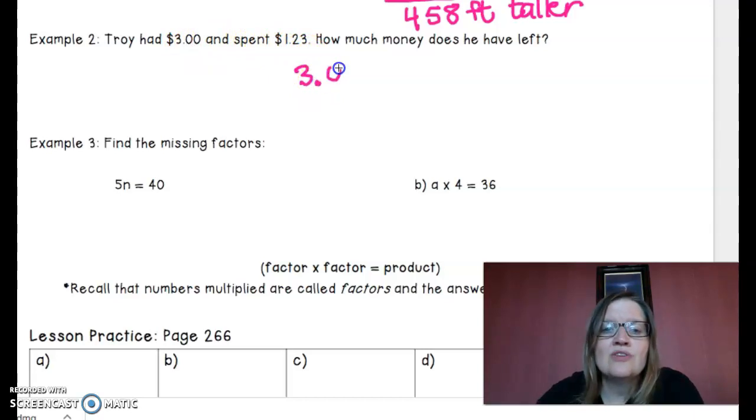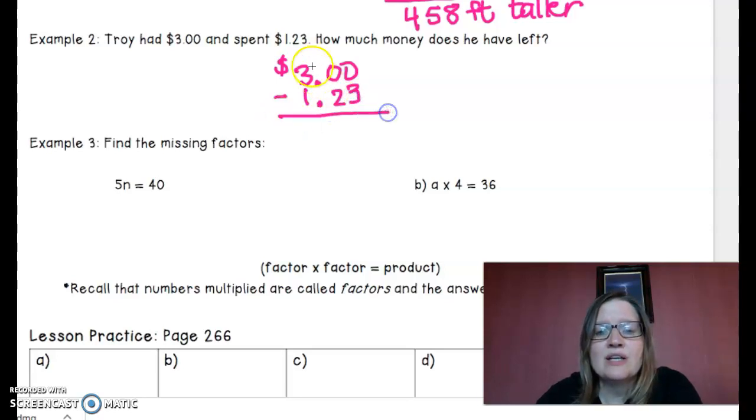So here is our $3. And we're going to subtract $1.23. And notice that my decimals are lined up. We can't work with this at this point. It's possible, but we're going to have to regroup.